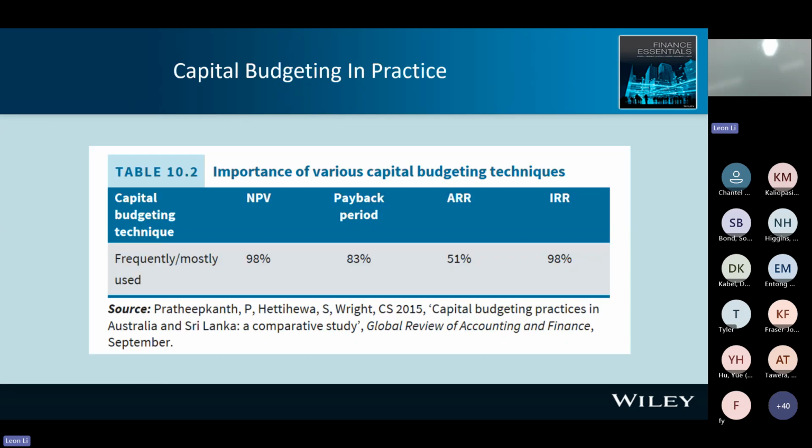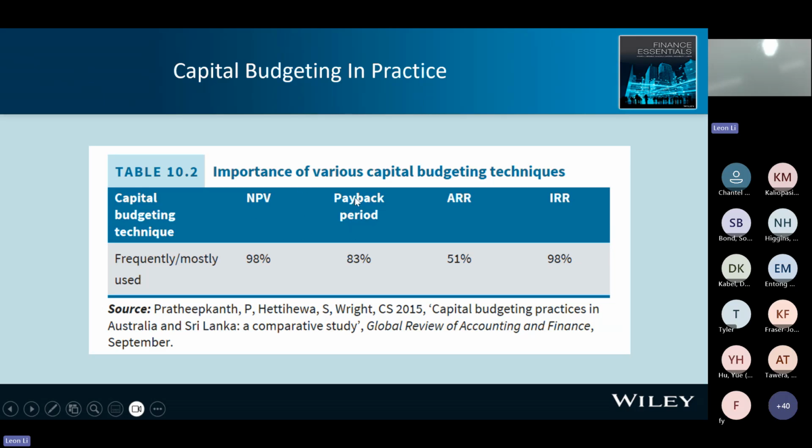Okay, so on this slide, we show you the capital budgeting in practice. This table shows you the percentage of each method in a survey of companies. 98% of the sample companies use the NPV method frequently or mostly. So NPV method is very good, it's very popular.